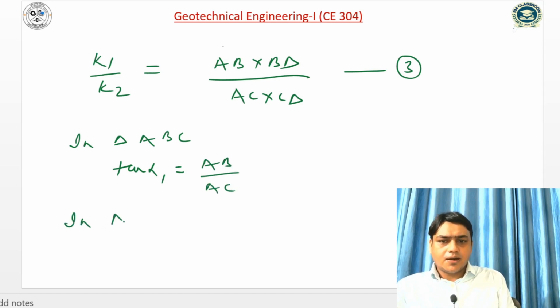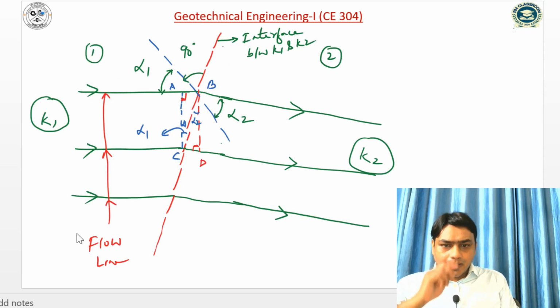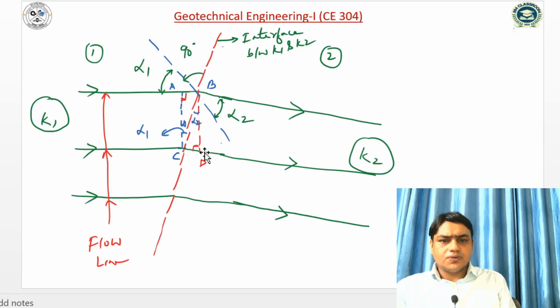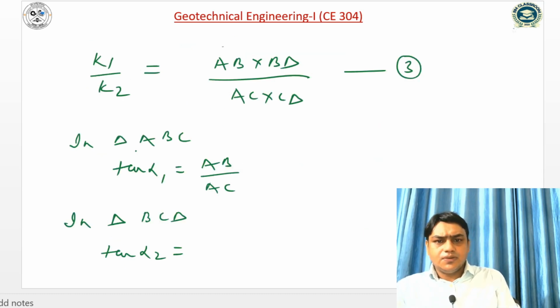Similarly, in triangle BCD, tan alpha 2 is equal to CD by BD. So replace the values of AB by AC and CD by BD.